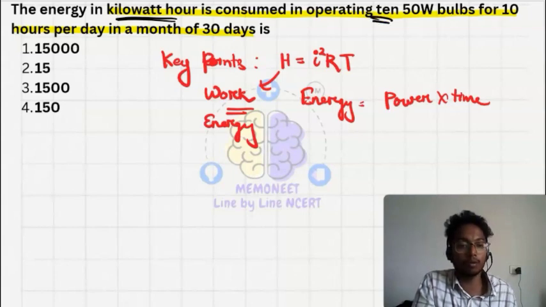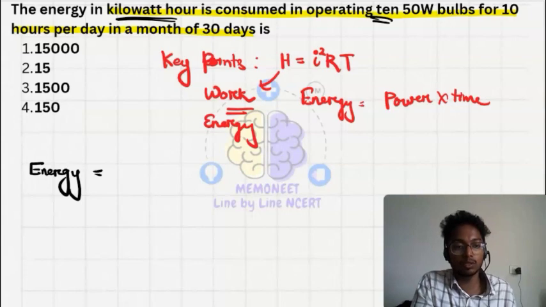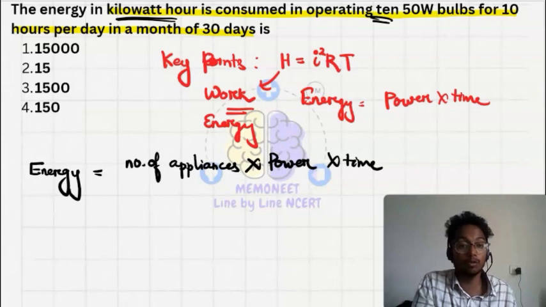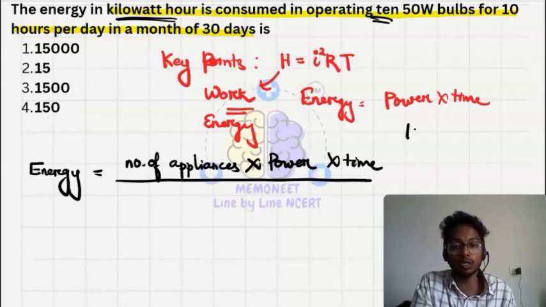We have 10 number of bulbs. So the energy will be equal to number of appliances into power into time, and it is expressed in kilowatt hour. It means 1 kilowatt.